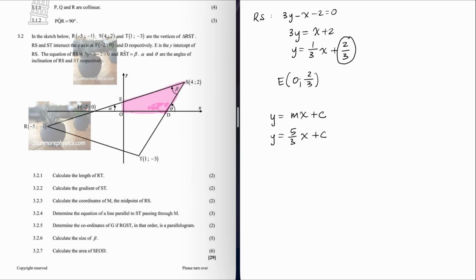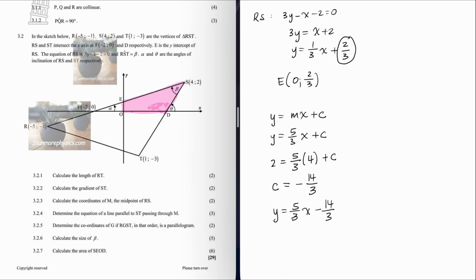We can substitute the coordinate for S. So the y value for S is 2. That's equal to 5 over 3 multiplied by 4 plus c. And then when we solve for c, c is going to equal minus 14 over 3. That means the equation is y is equal to 5 over 3 x minus 14 over 3.